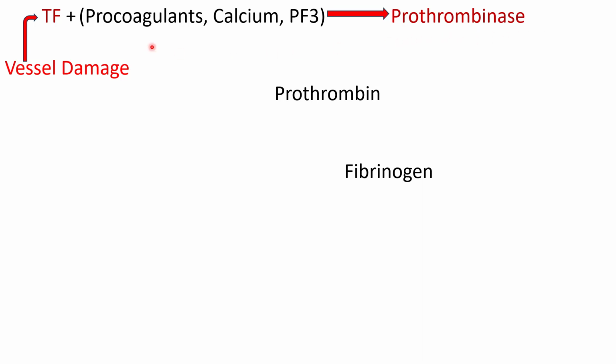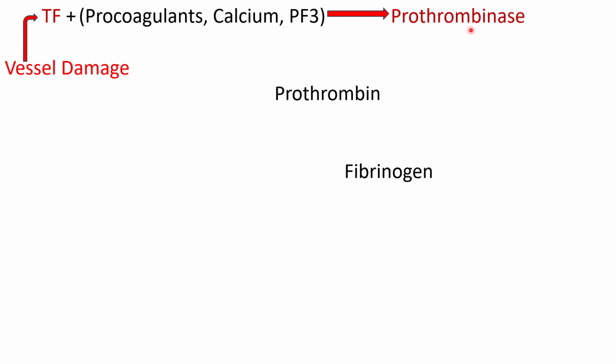So the way that we read this is tissue factor from vessel damage. That's what this arrow means. The vessel damage releases tissue factor. Tissue factor plus these things leads to prothrombinase.